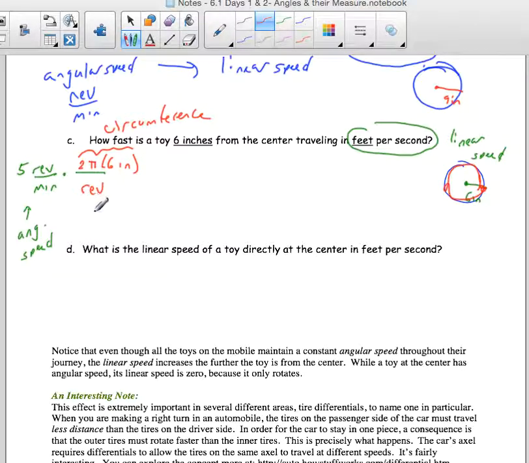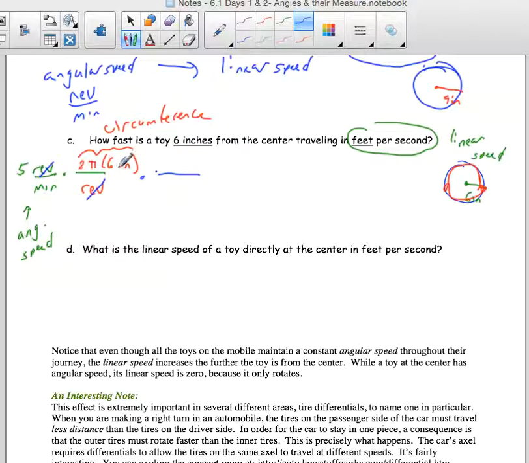Okay, so when you're going from angular to linear speed, 1 revolution equates to traveling the circumference of this circle. And now I can cancel out the revolutions, and I have a linear speed in inches per minute. I'd be done if I just wanted to get a linear speed, but I want a linear speed in feet per second. So now I have to convert the rest of the units.